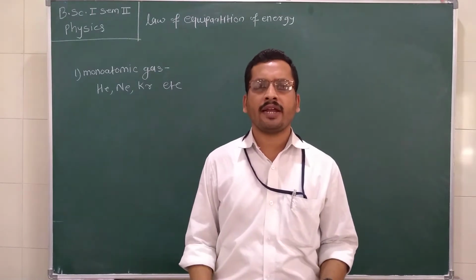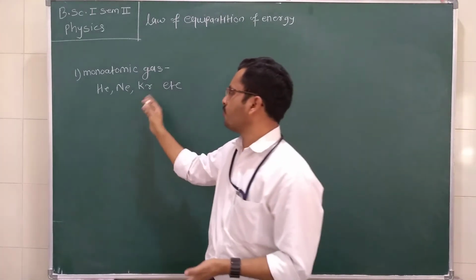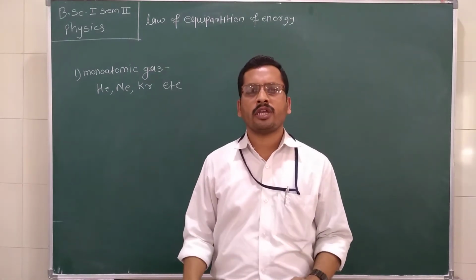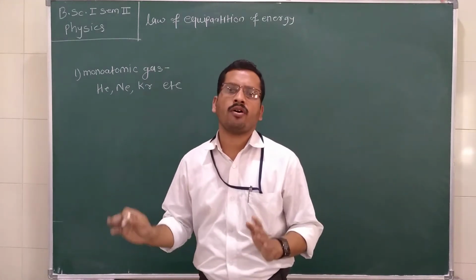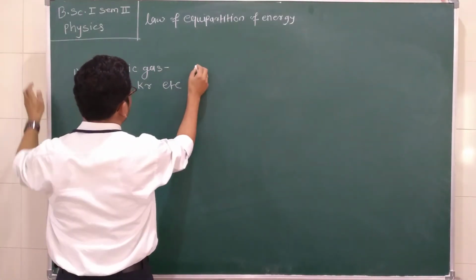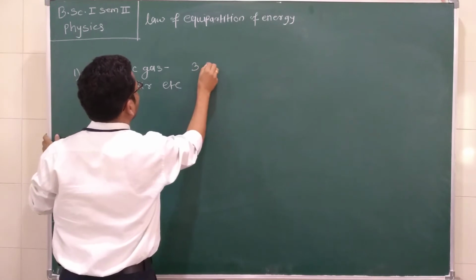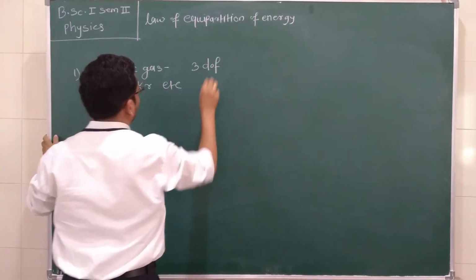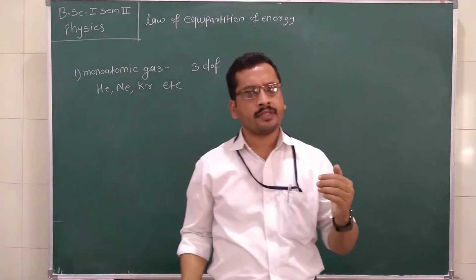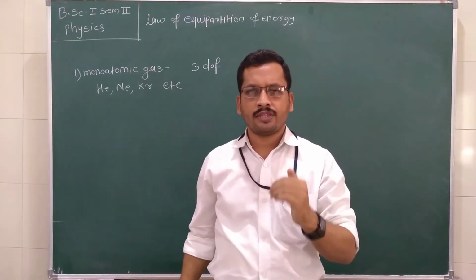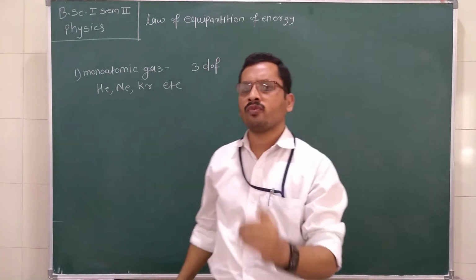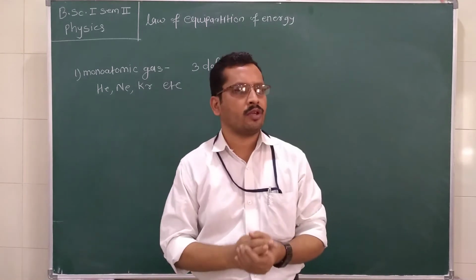So we can say that when we consider a monoatomic gas, the atom or the molecule has 3 degrees of freedom, along the x-axis, y-axis and z-axis. Means there are 3 variables required to completely describe the motion of the monoatomic gas molecule.